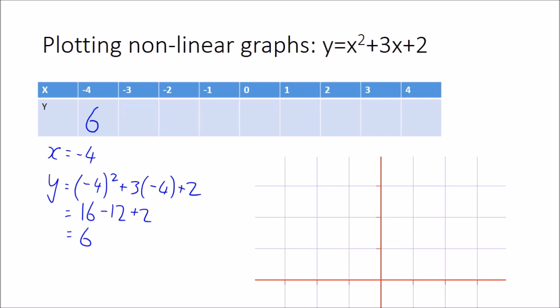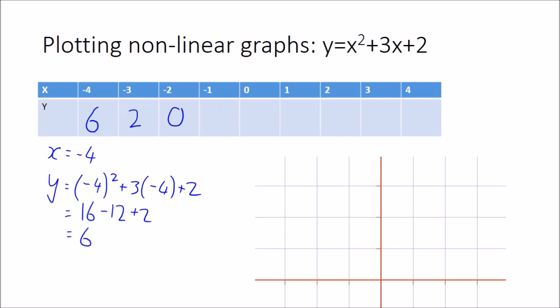So -3 squared is 9, plus 3 times -3, well that's -9, so that's 0, plus 2. -2 squared is 4. Now minus 6 gets us -2, plus 2 gets us 0. Now -1, well -1 squared is 1, minus 3 times, or plus 3 times -1, so that's going to get us down to -2.